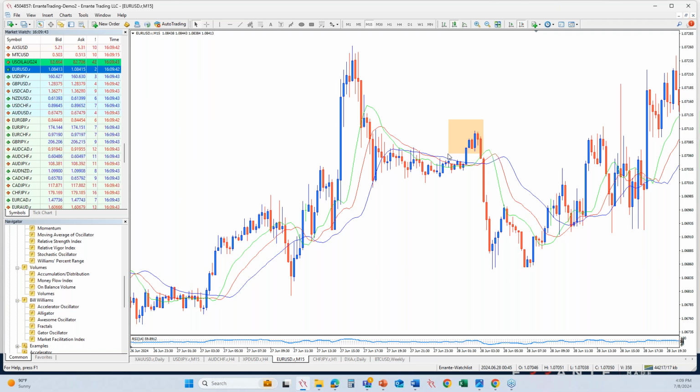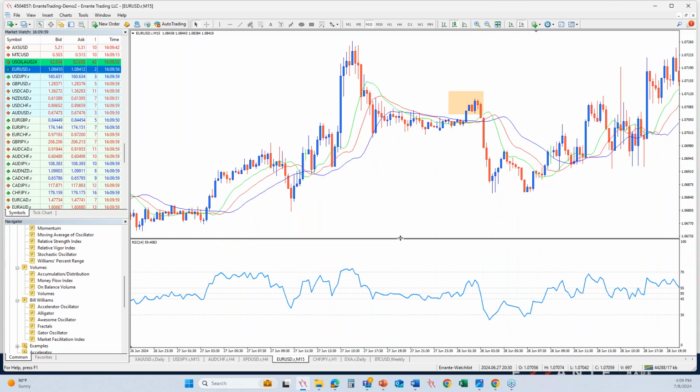For example, a confirmed breakout above a key resistance level like this, with increased volume if you're trading stocks. But if you're trading Forex like me, you can just use other indicators like RSI or something.